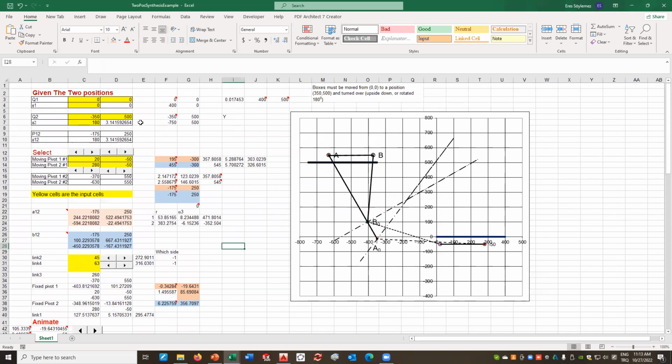But the positions are different. 0, 0, 350, 500. No, I have used that. P12 is the same. 2050, 280, 50, 45, 63. You see, if you place click, you can change the position of A0 and B0.